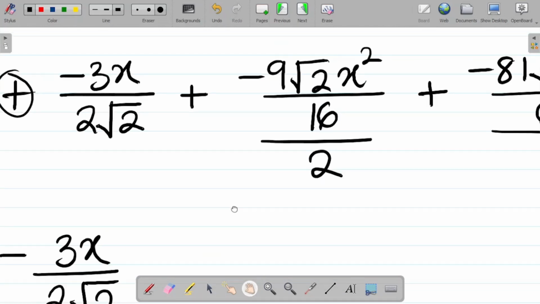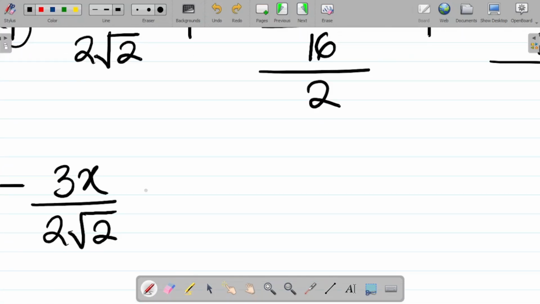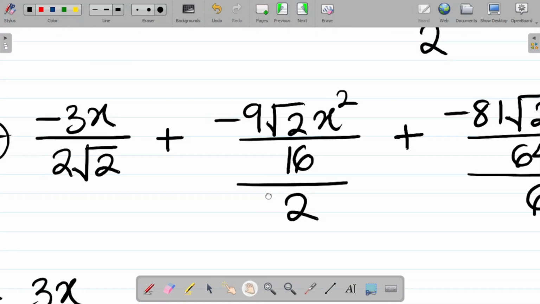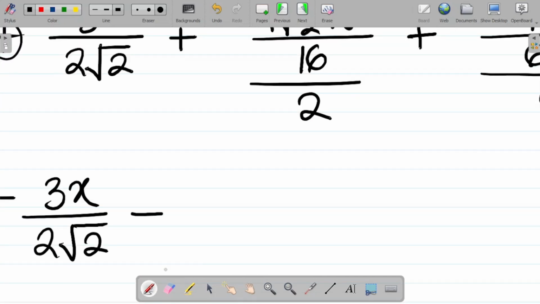Next up I have this one too. Plus times minus gives you minus. I'm having here, from this, that becomes 9 root 2 x squared. So minus 9 root 2 x squared.